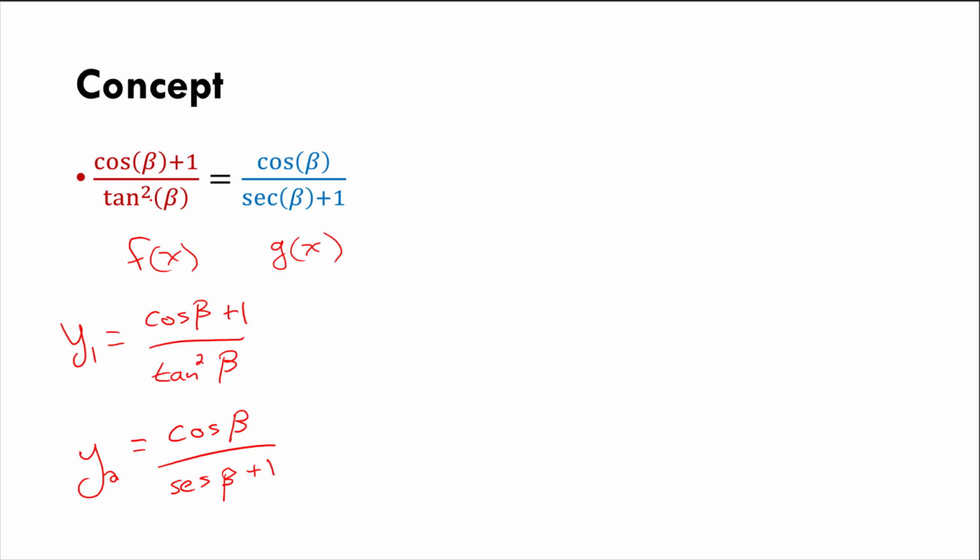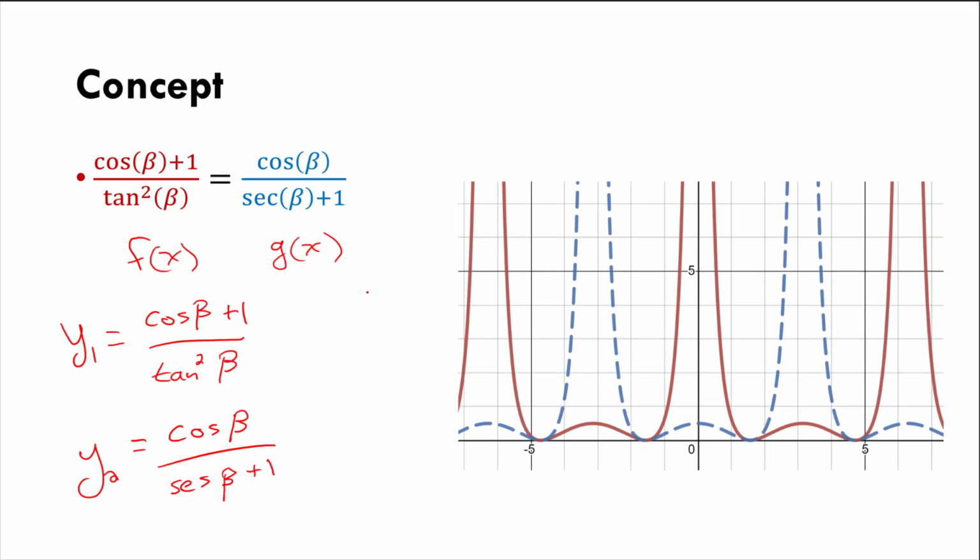That's just, again, the left side of my equation being y1 and the right side of my equation being y2. We're just setting those up separately. When we do that, we'll see that they are not equal. We can very clearly see, just like in our first example, that y1 and y2 are different graphs. So even though they do have some intersecting points, this shows us very clearly that y1 and y2 are not equal to each other.